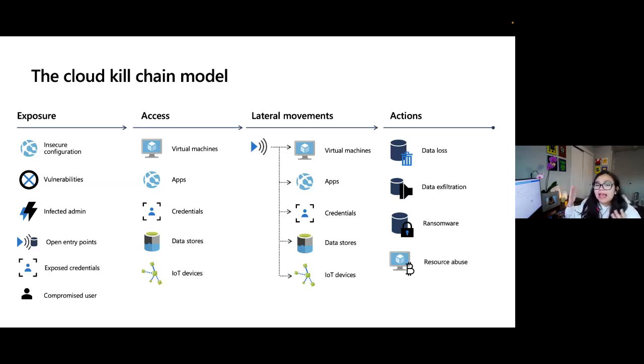Now that the threat actor is in the environment, they will try to do lateral movement, right? This starts by checking which resources they have access to, the role level that they possess, and if there are any other credentials that they could use to access some critical information and other types of data.